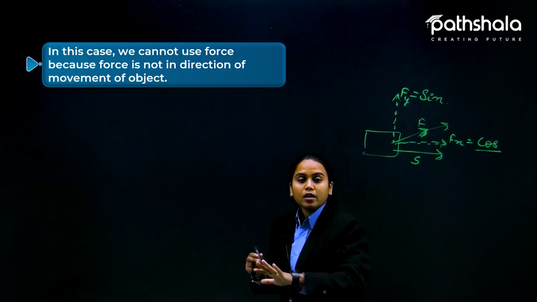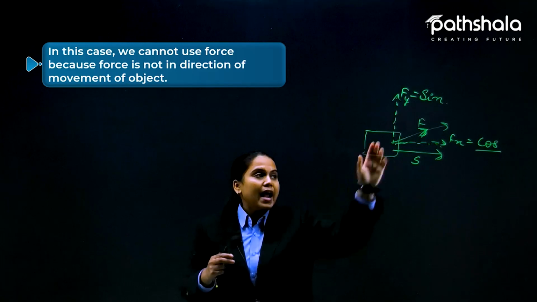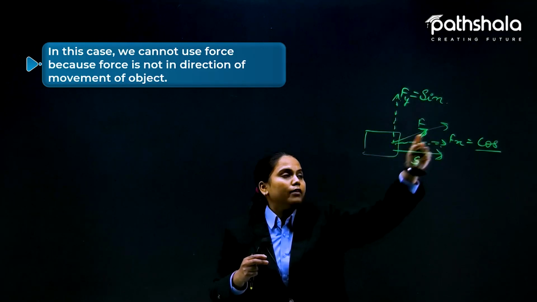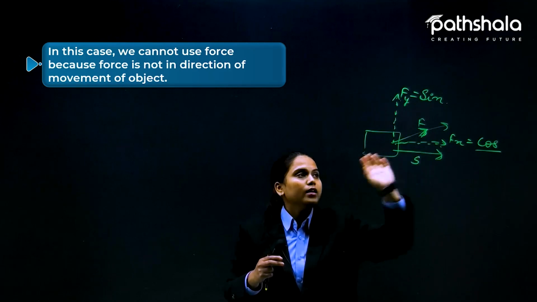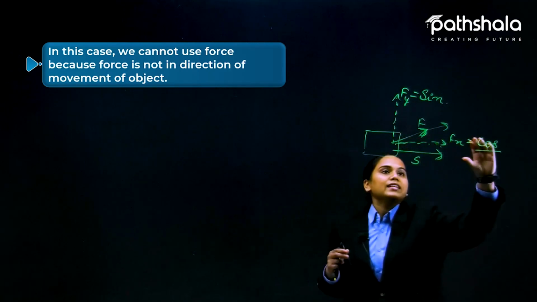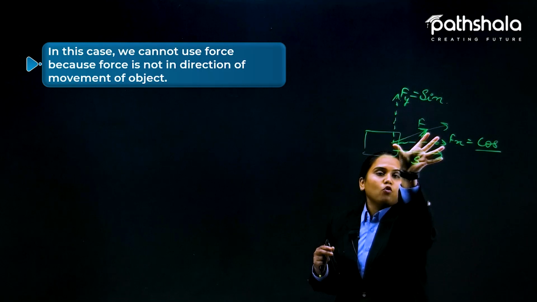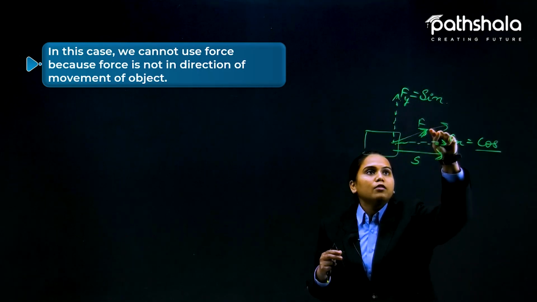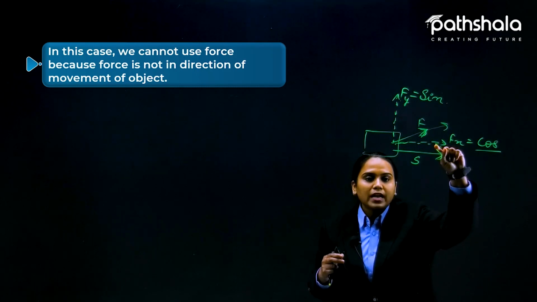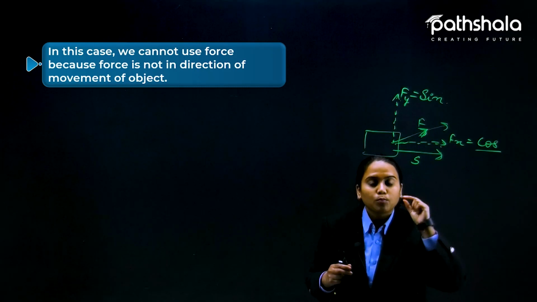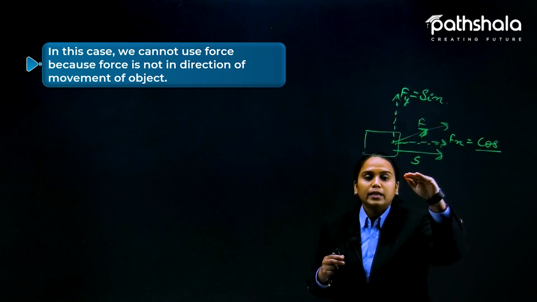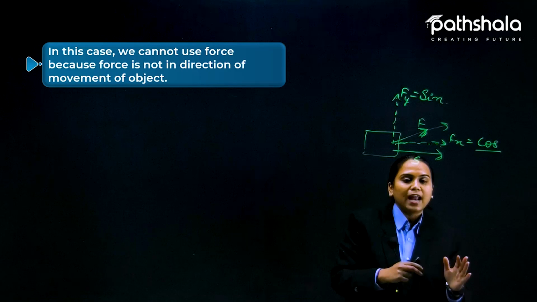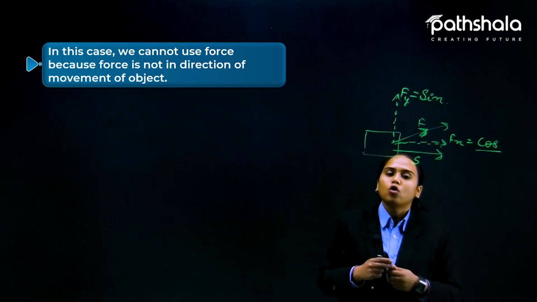Because the force and the motion are not in the same direction, and make a certain angle here, this horizontal vector of the force is considered the force responsible for the motion in this object, and that force can be calculated with the help of cos theta.